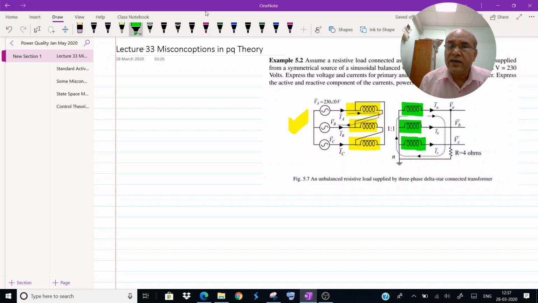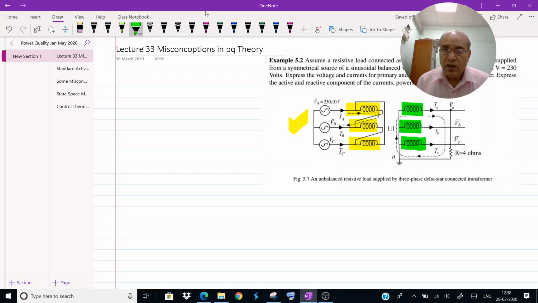We have to find the active and reactive components of current on the primary side and try to understand the phenomena of instantaneous reactive power theory and its application to understand the active and reactive components of the currents.